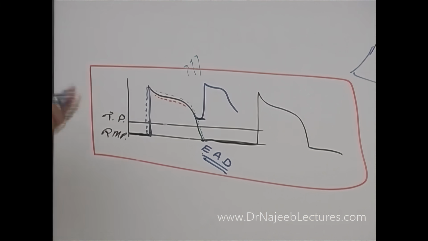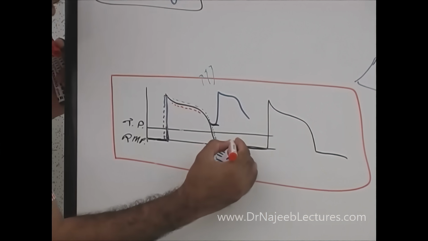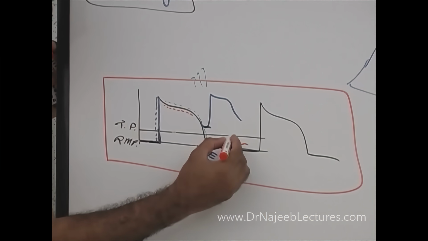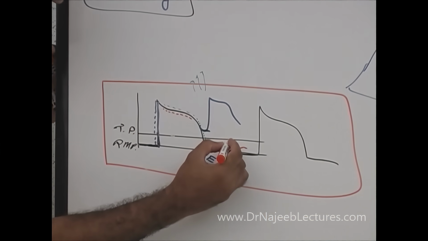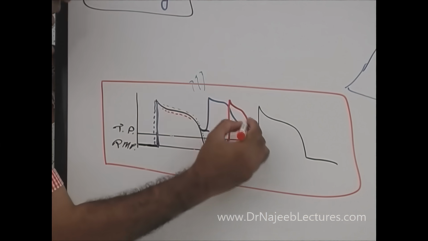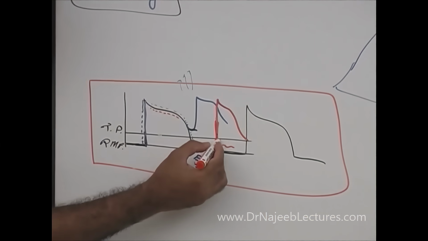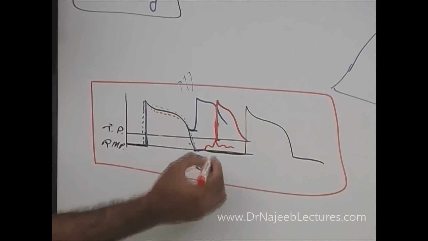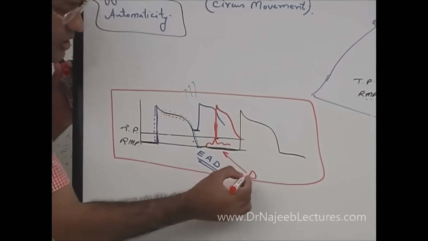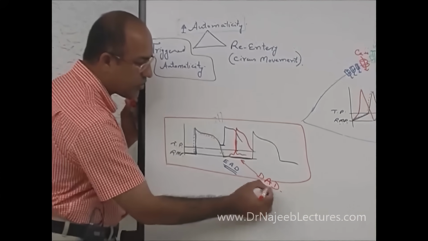And sometimes the resting membrane potential is fluctuating, and if it touches the threshold, a depolarization is produced, but this depolarization is not so early, so it is called delayed afterdepolarization.